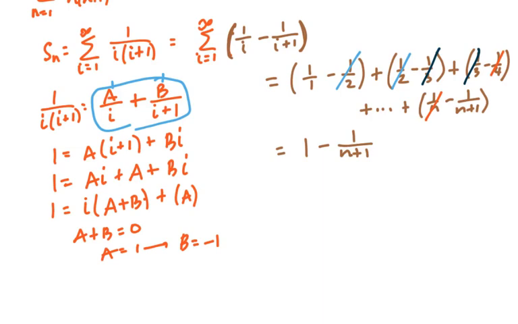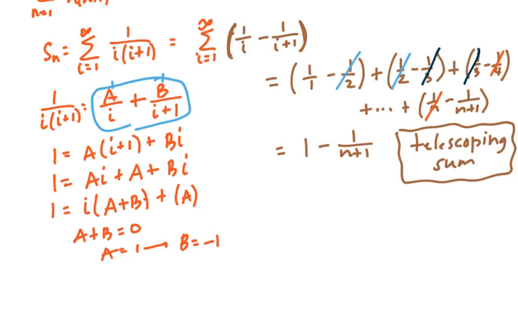Now, here's the interesting fact. This is called a telescoping sum. Think about a telescope like in pirate movies, or telescoping the spyglass, how they collapse it in. That's why it's called a telescoping sum, because it collapses and the pieces in the middle cancel out.